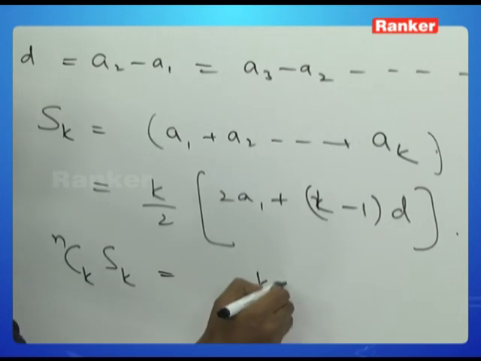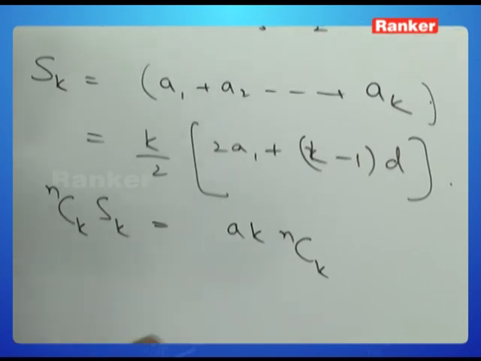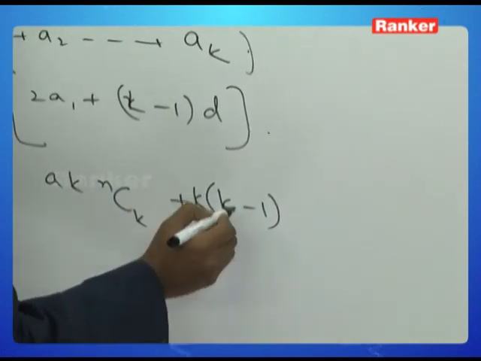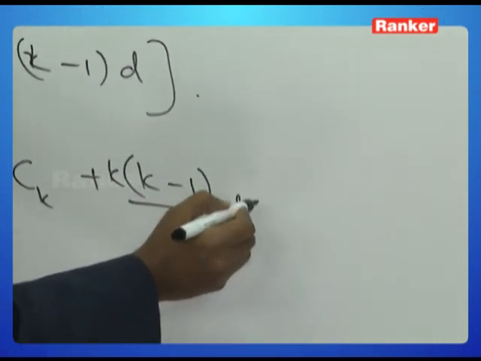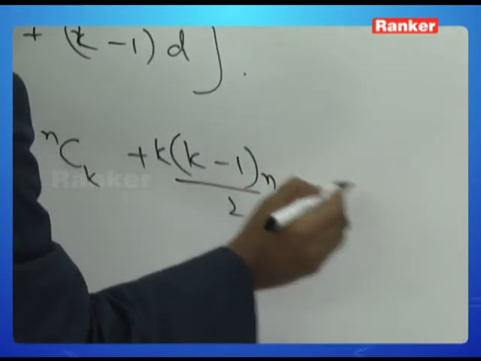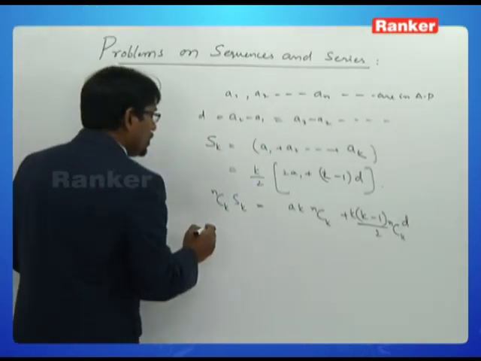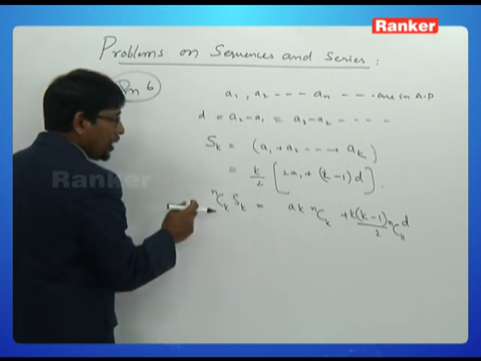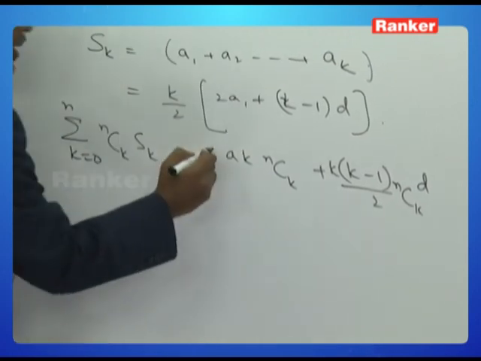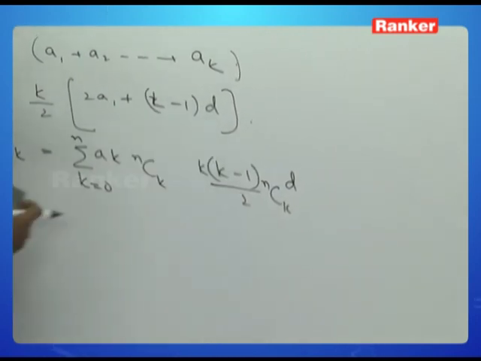We have k into nCk into a1 plus k into k minus 1 by 2 into nCk into d. Now we want nCk into Sk with k ranging from 0 to n, so let's apply the summation on both sides: sigma k ranging from 0 to n, sigma k ranging from 0 to n here.